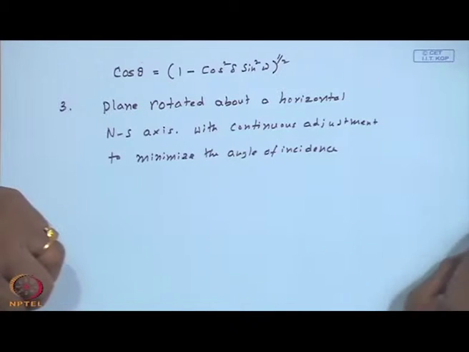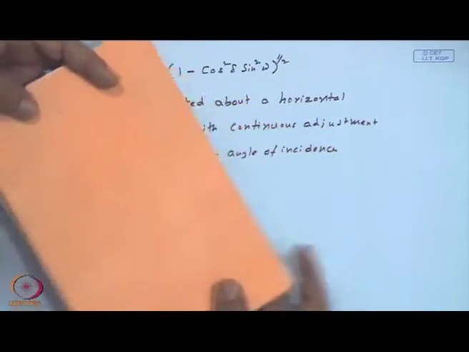So, in order to distinguish between the two modes we described earlier and the third mode that we are talking about now, let us say this is the horizontal north south axis and I turn towards east right in the morning, so that the sun's rays are near normal to the aperture plane, and I keep rotating, it becomes horizontal around noon time and turns towards west as the sun goes to set in the west.